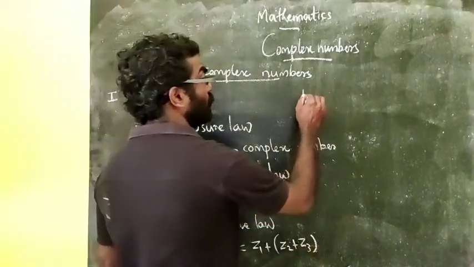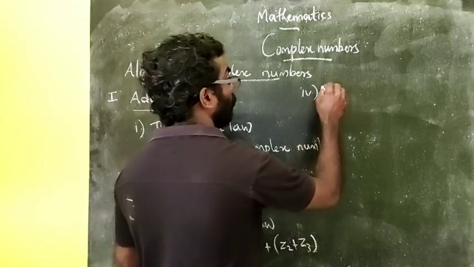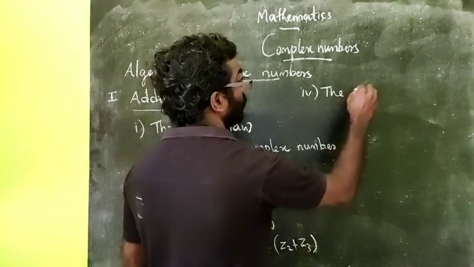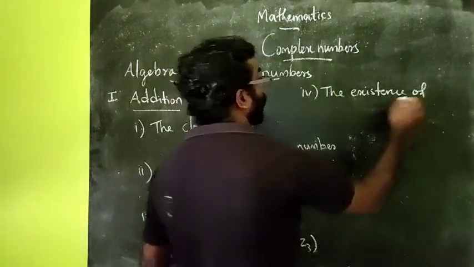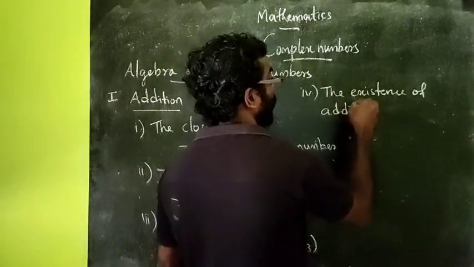And the fourth one is the existence of additive identity, or the identity element.